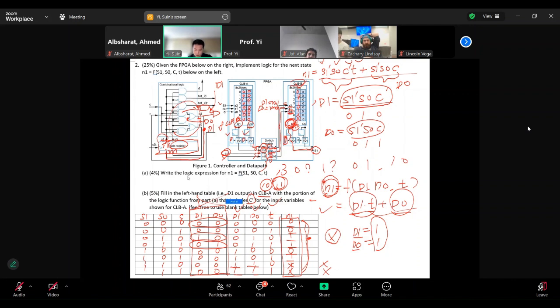You better write down this equation. Sometimes some of you are good at manual arithmetic, but that is typically what I recommend. So in short, the left part of this truth table represents CLBA. The right-hand side represents CLBB.